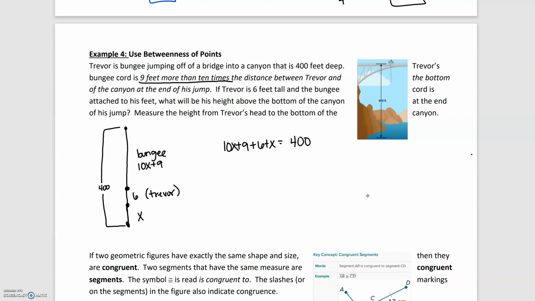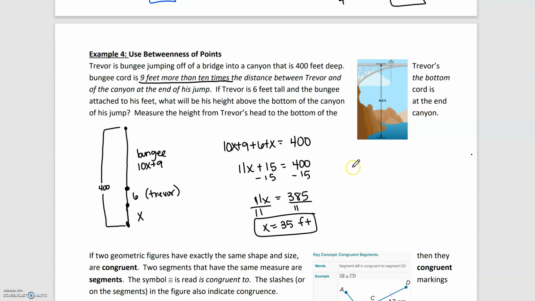And so we're going to combine like terms. 10x plus the 1x, we know there's 1 there, is 11x. 9 plus 6 is 15. And then we are going to solve that two-step equation. And he is 35 feet from the canyon, so he has got extra room there.